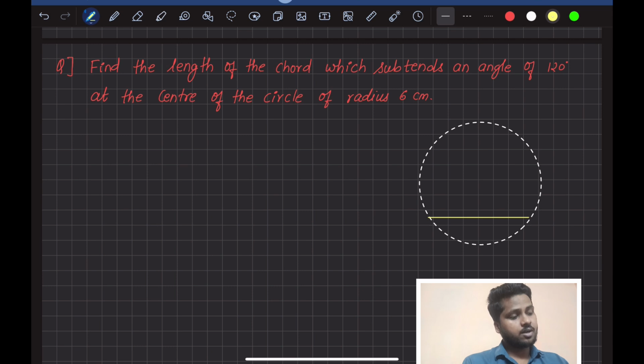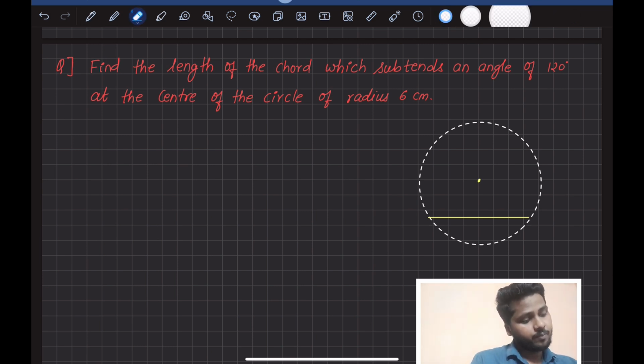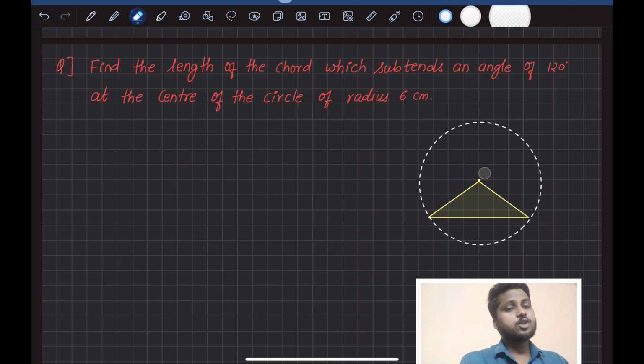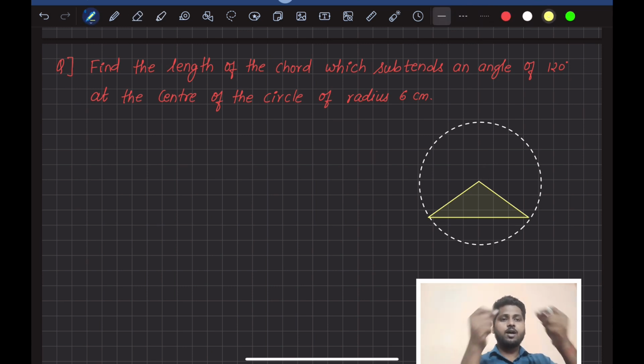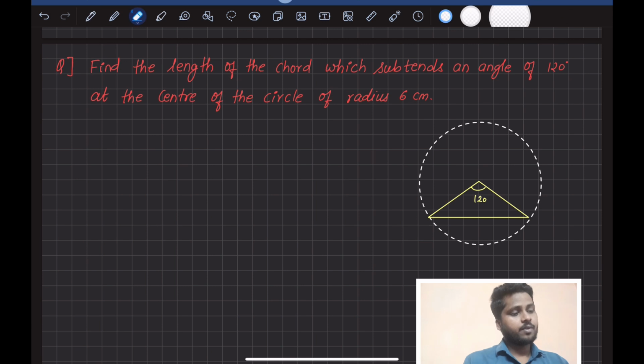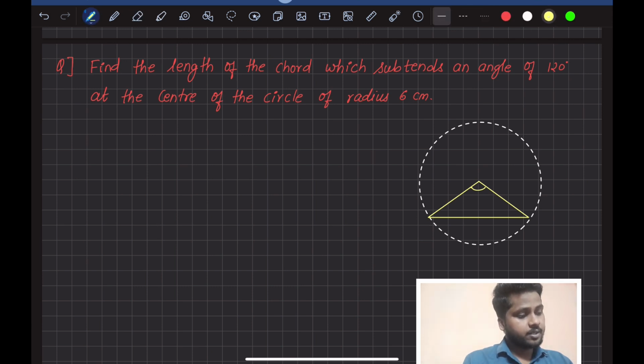So I am making a circle here and this chord is making 120 degree at the center. At the center means if we join the end points of the chord to the center, it will make an angle of 120 degree. So this angle will be 120 degrees.